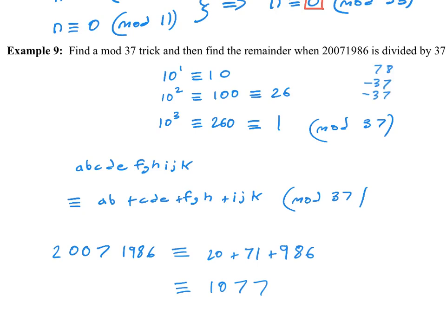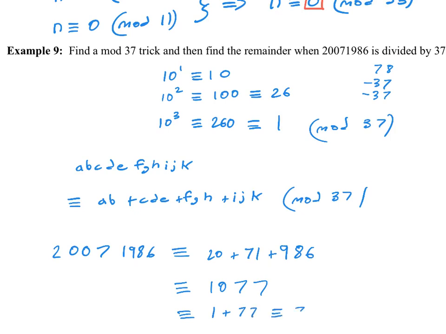Yeah, so another nice tip that we could do is we could take this number and use that trick once again. So you could do groups of 3. So the first group would be 0, 7, 7, and the next group would be 1. So you could say that this is 1 plus 77.